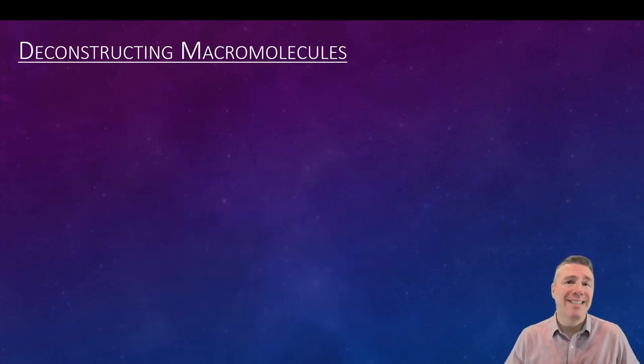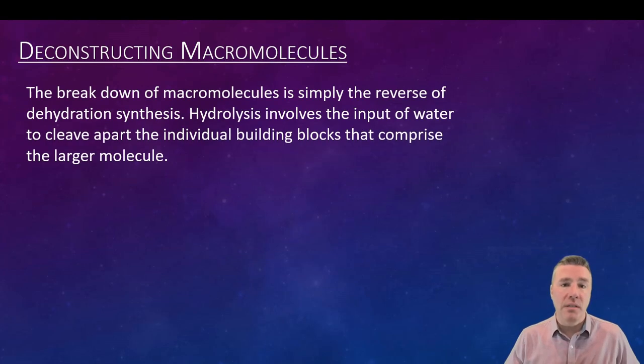The process used to deconstruct macromolecules is simply the reverse of dehydration synthesis. Hydrolysis requires water as a reactant, as it is necessary to separate the individual building blocks, monomers, from the larger polymer.